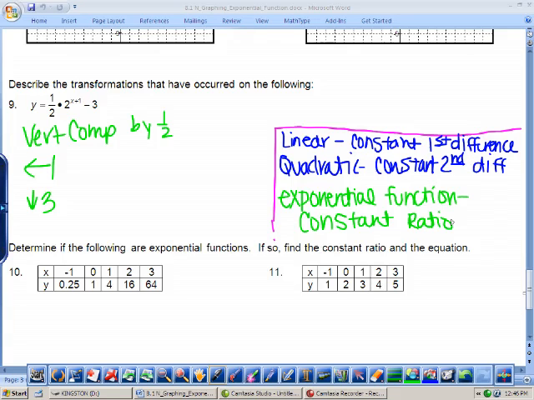So look at number 10. What do you think? Linear, quadratic, exponential, none. Exponential. How'd you know? Constant ratio of 4. You're multiplying by 4 each time. If, like you have on your homework, you have decimals here and you're not sure, just divide the number by its previous number and see if it's constant. Okay? So this constant ratio, that's our b value.